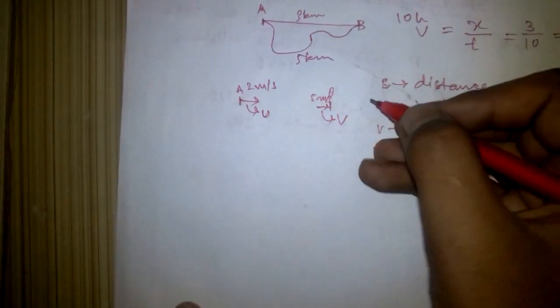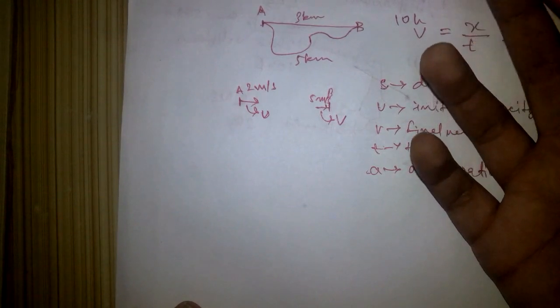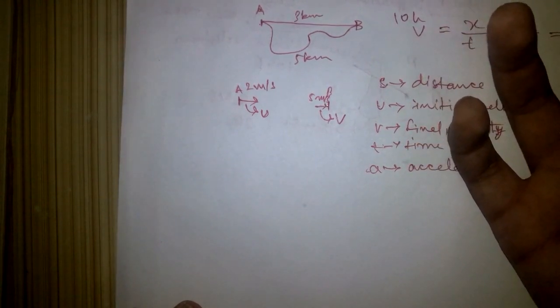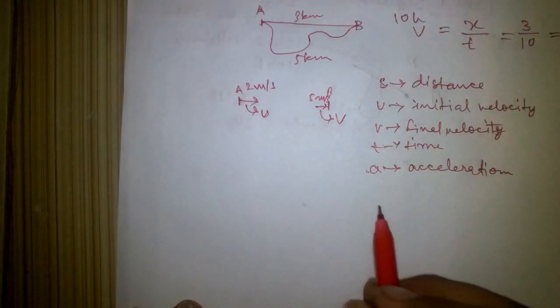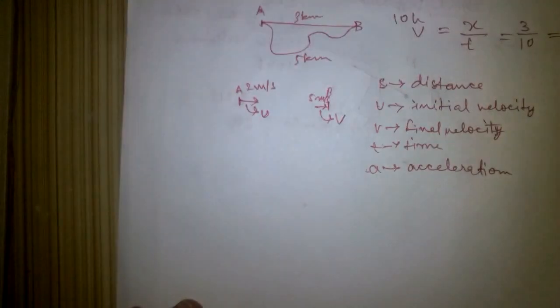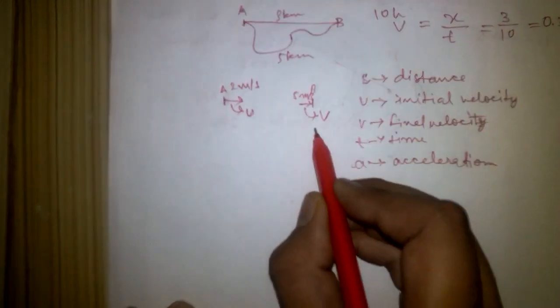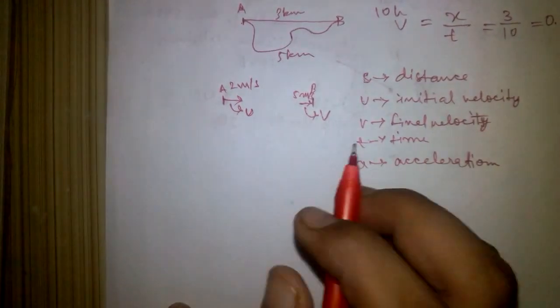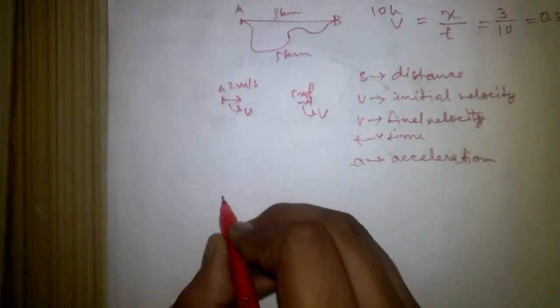So the starting velocity is termed as initial velocity, and the ending velocity, or the velocity before reaching the last point of the motion, or the last point where the object is going to come to rest, is termed as final velocity.